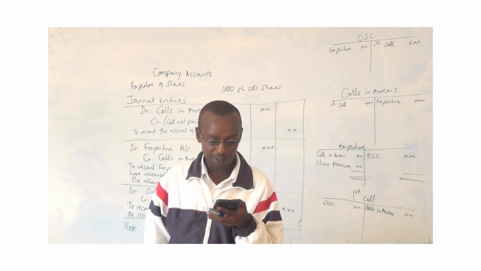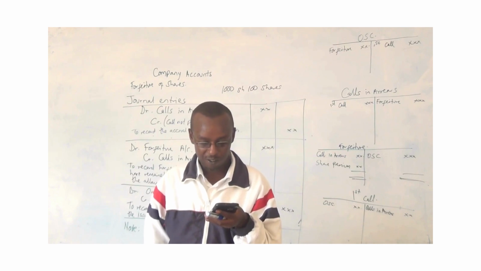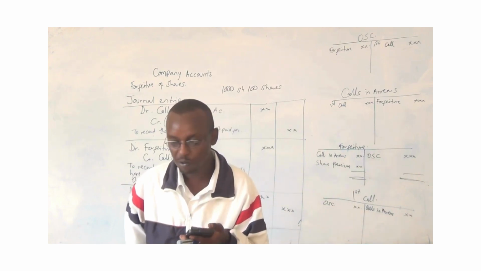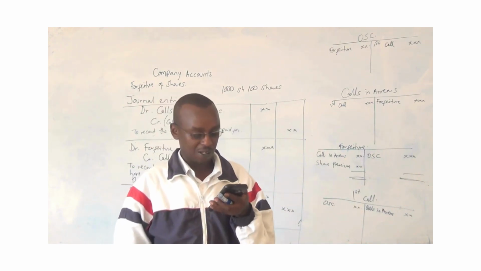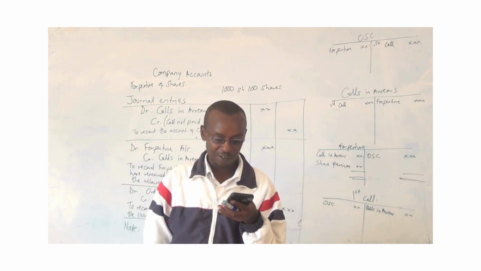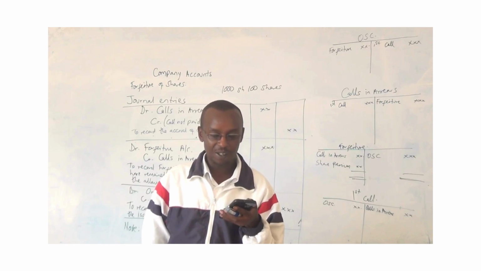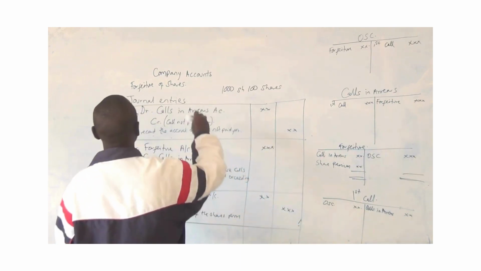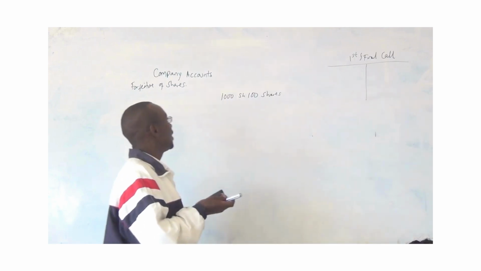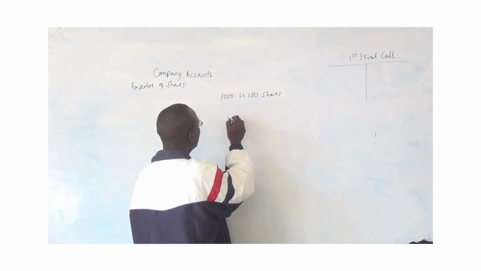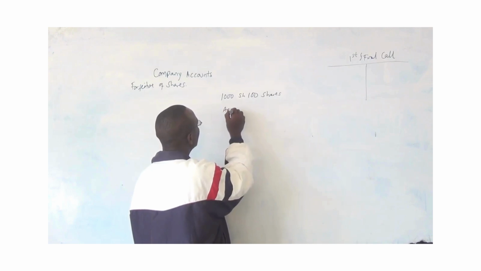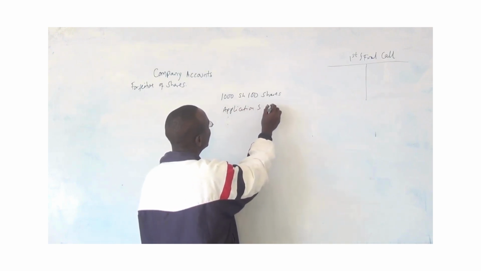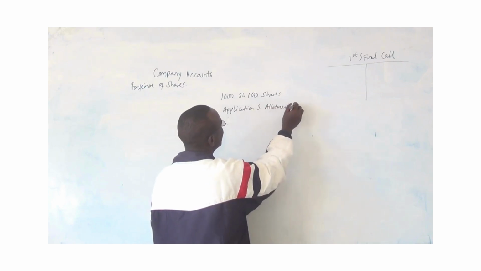How will such forfeiture be shown in the books of accounts? So, the shares are payable on application and allotment 75.